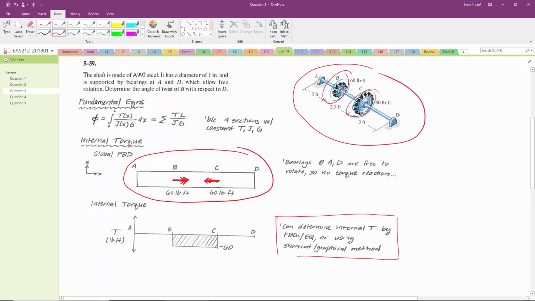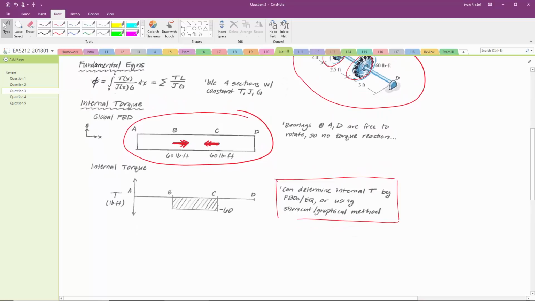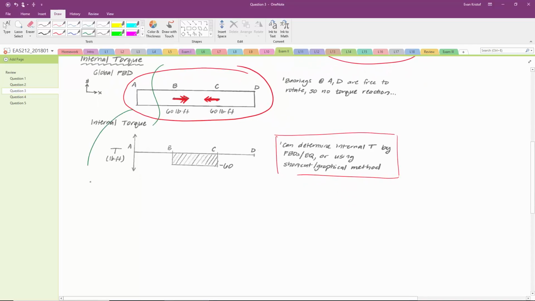Now once we've gotten to that, there's two different ways to go about figuring out the internal torque diagram. The more robust method would be, if I want to know the torque between A and B, I make a section cut and then I make a free body diagram. I always draw my internal torque, which I don't know yet, pointed away from the section cut.